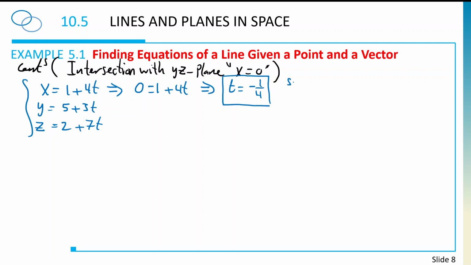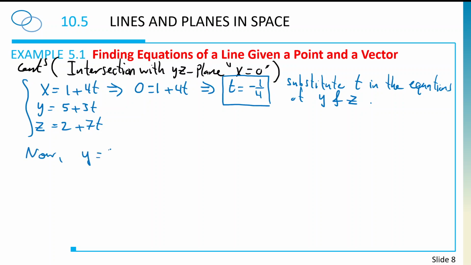So I have to substitute this value of t in the equations of y and z. Okay, let's do that. In this equation, y equals 5 plus 3 times t, where t equals -1/4, which means that y equals 17/4. Perfect.